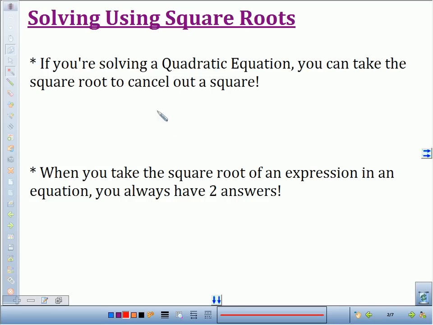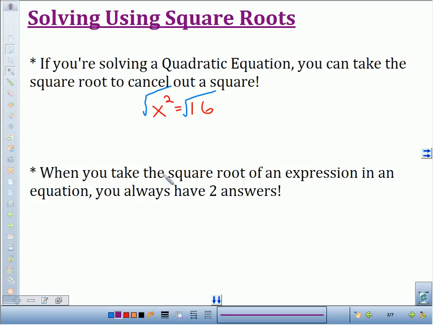What that means is if, for instance, I had x squared equals 16, in order to figure out the value for x, I need to cancel out this square, just like I would need to cancel out any other operation being done to x. To cancel out a square, we take the square root. And if I take the square root on one side, just like every other operation, I have to take the square root on the other side.